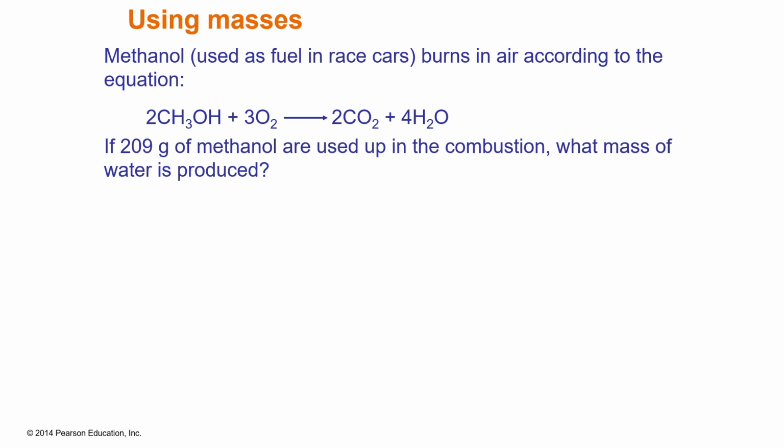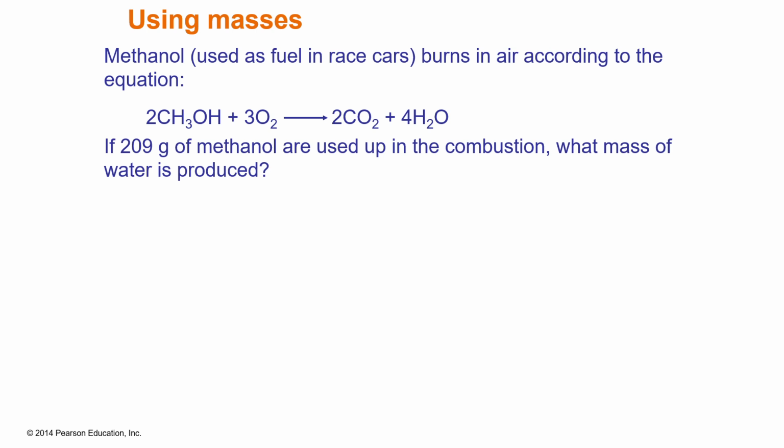So let's see what our roadmap is going to be. Starting with grams of methanol, I want to find out how many grams of water are produced. But remember, the chemical equation does transactions in the currency of moles. So you can't plug grams directly into the equation.